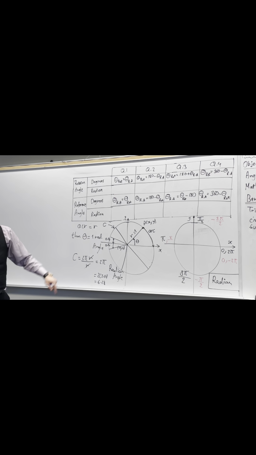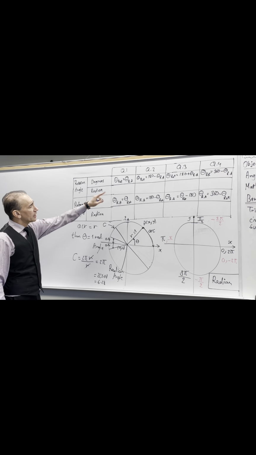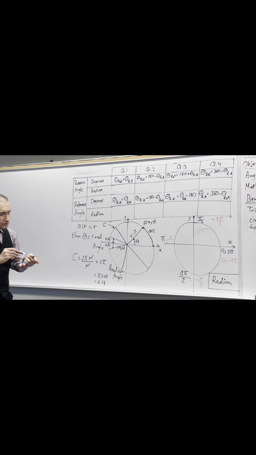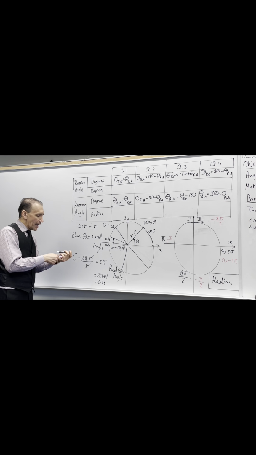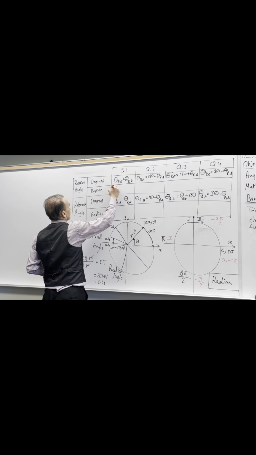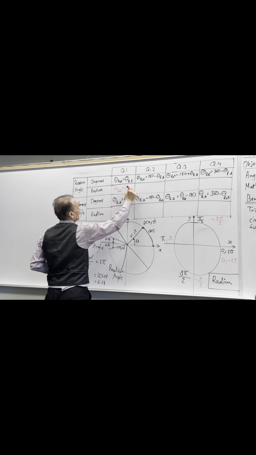That's in each circle. In the previous class, we had this table in degrees. Now I'm going to fill the table with the same relation between the reference angle and the rotation angle, but in terms of radian. So for radian, I have the same situation. I have theta rotation equal to theta reference angle for the first quadrant.